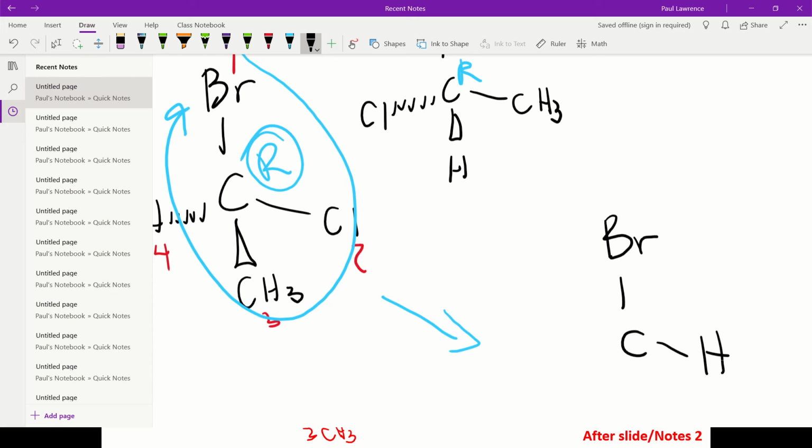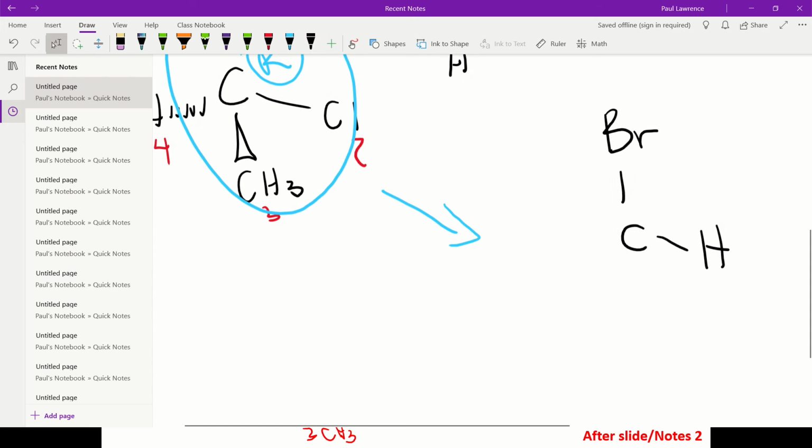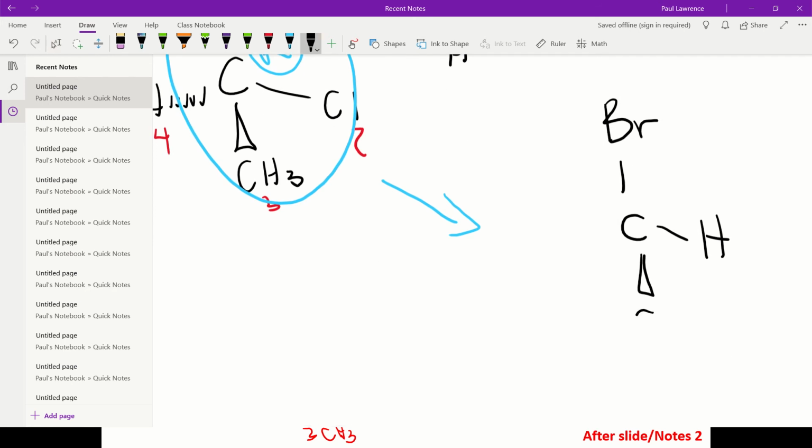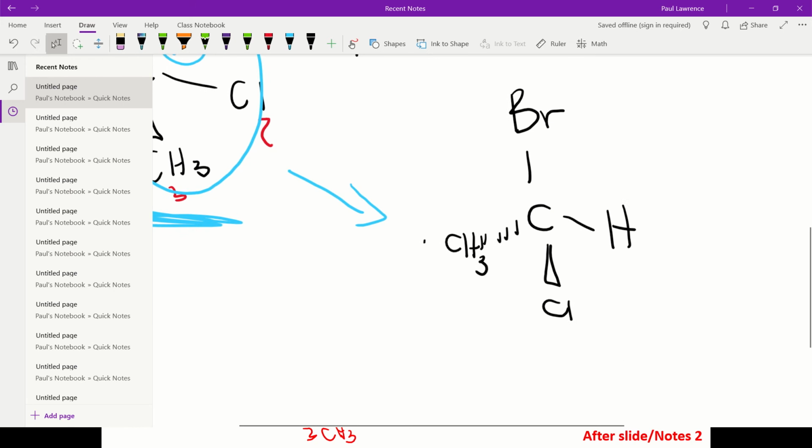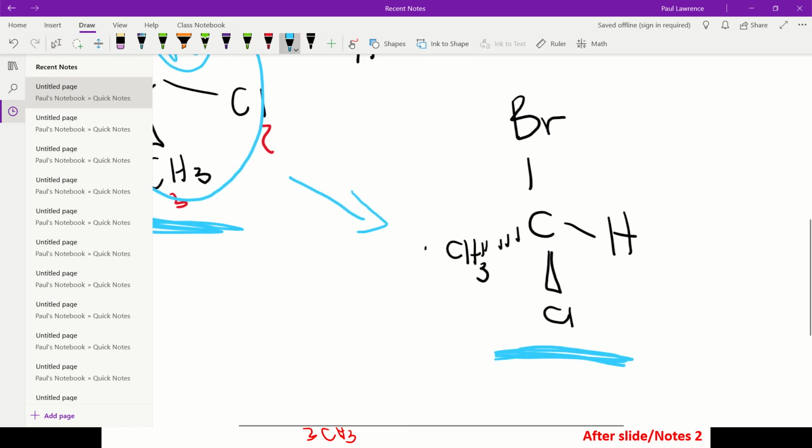That means the chlorine would now become the wedge and the methyl group is on the dash. Okay? So notice that this molecule in blue right here is the exact same molecule over here. So we have to get the same configuration. It has to be an R.